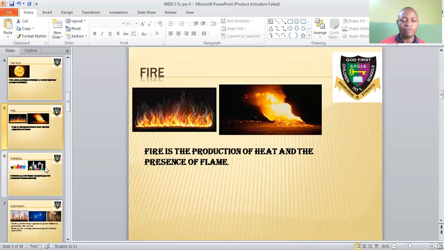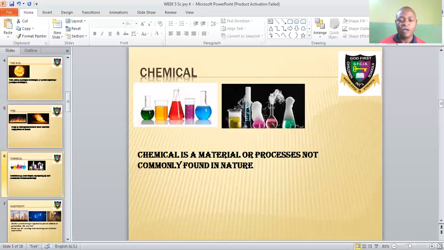The next one that I want you to understand is the chemical. We have chemicals around us. A chemical is a material or process not commonly found in nature. Chemicals can burn. We have different types of chemicals in our laboratories, in schools, and in hospitals.